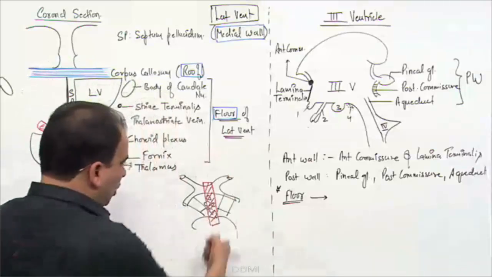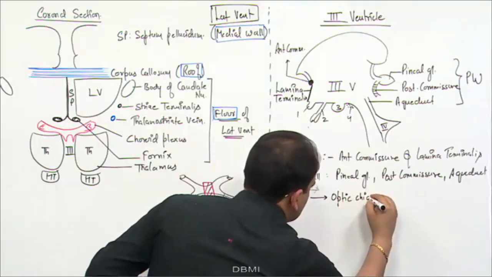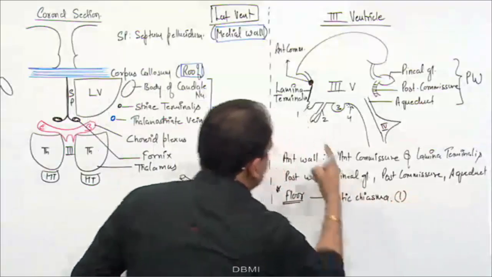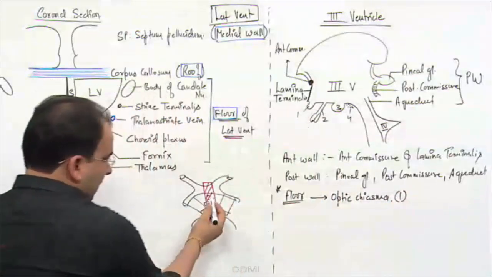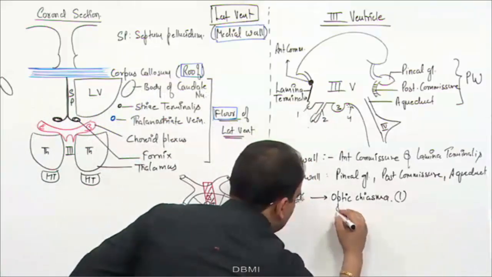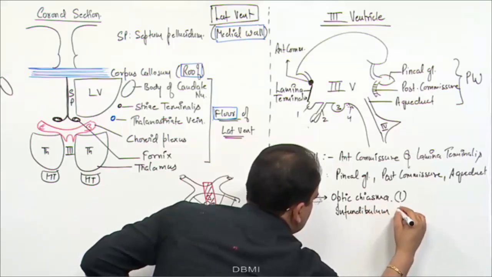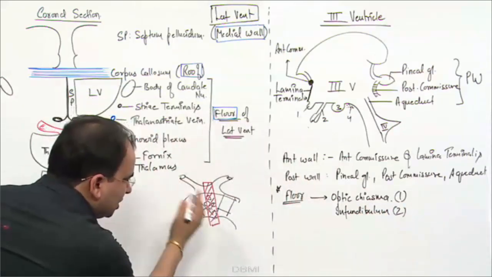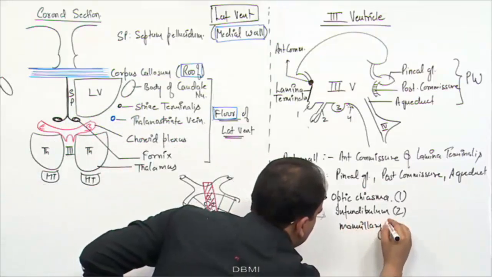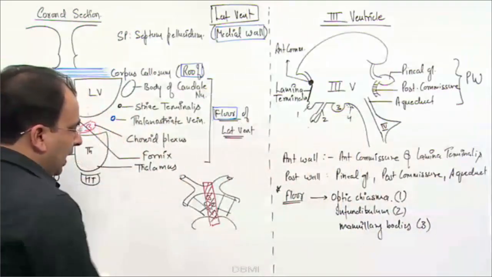So floor is by, if you go in that sequence, the first thing is optic chiasma, which in this diagram is represented by 1. Next thing in this picture, the second thing is infundibulum, which is 2 here. Next thing, the section is going through the mammillary bodies, which is 3 over there, and then what substance?